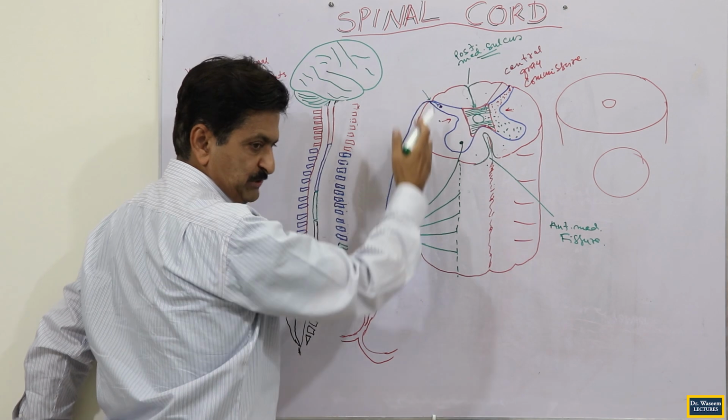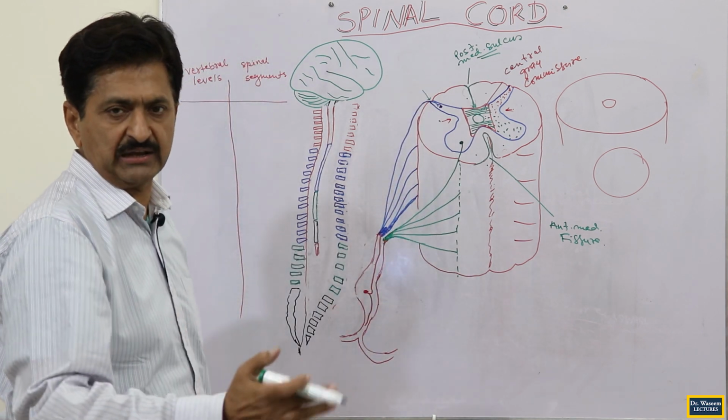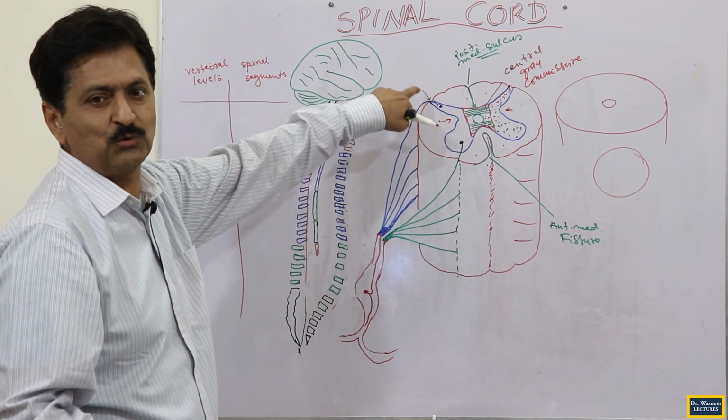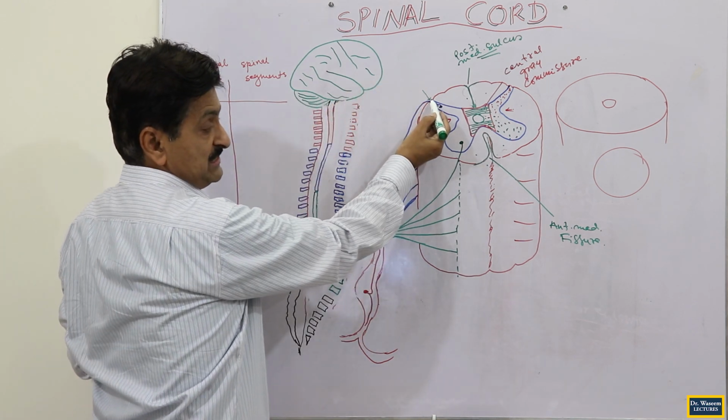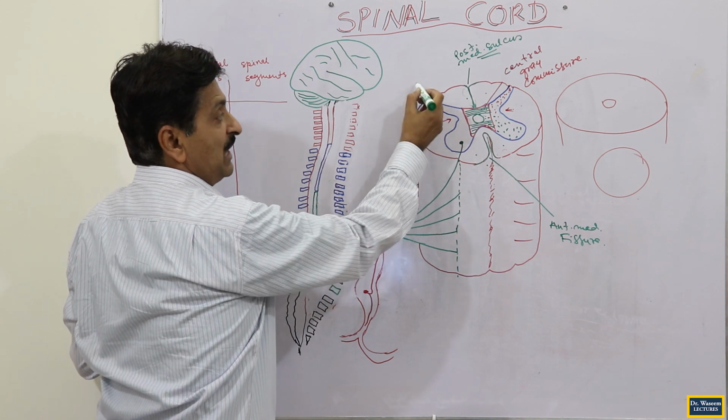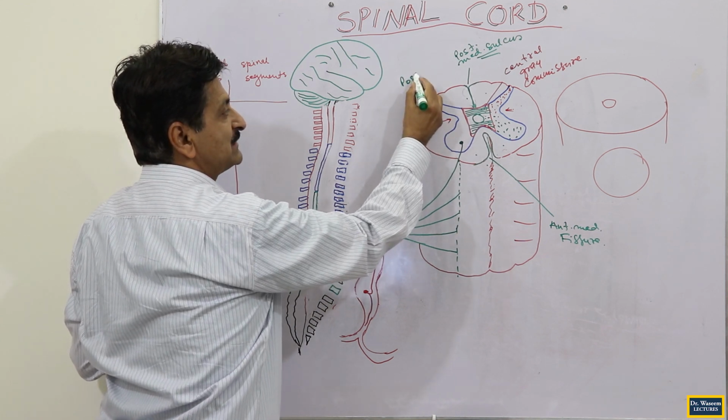Here is a depression, but it runs throughout the entire length of your spinal cord, so it appears like a sulcus. In transverse section it appears as just a depression. You call it the posterior lateral sulcus.